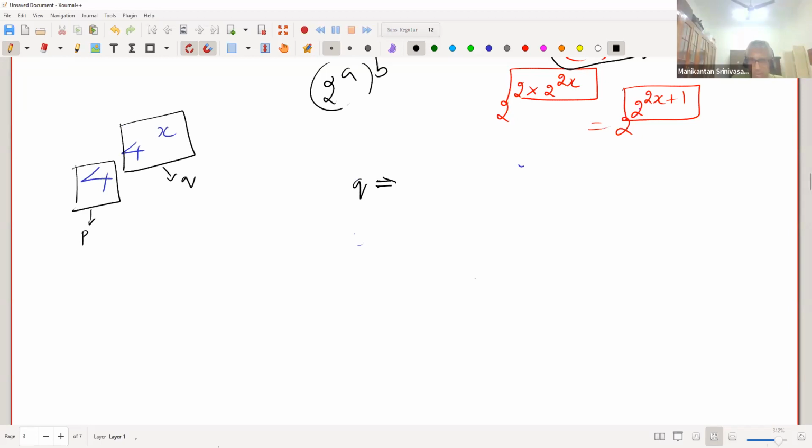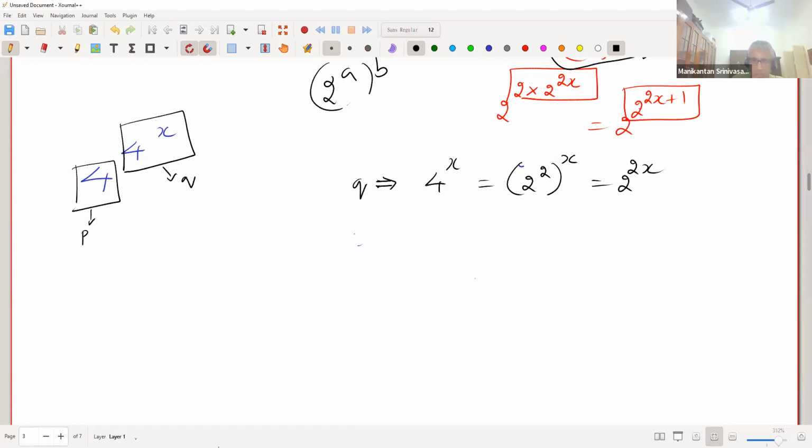Q is 4 power x, which is nothing but 2 power 2. The moment I write 4 as 2 power 2, I should safeguard it with the brackets. That's very important. I cannot just loosely write 2 power 2. So this is 2 power 2x. Do you agree with this, Precious?